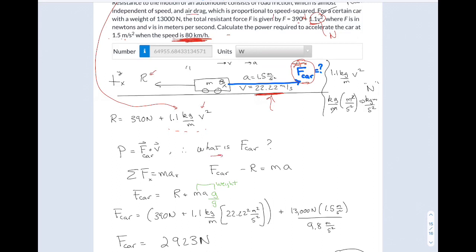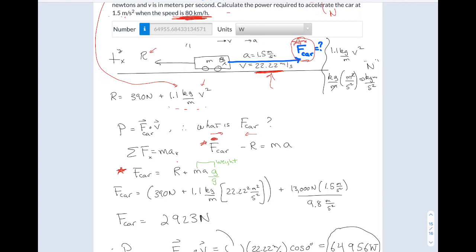The blue force points to the right, the resistive force points to the left, and that's equal to ma. The net force would be the blue one minus R, but I'm looking for the force that causes the car to accelerate, so I solve for that by itself.